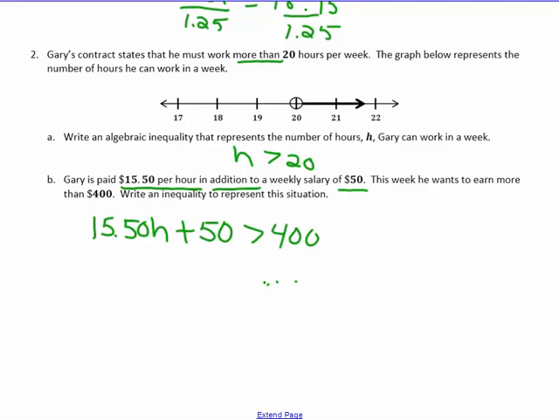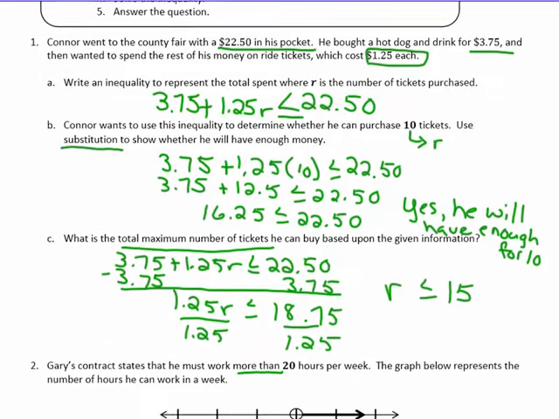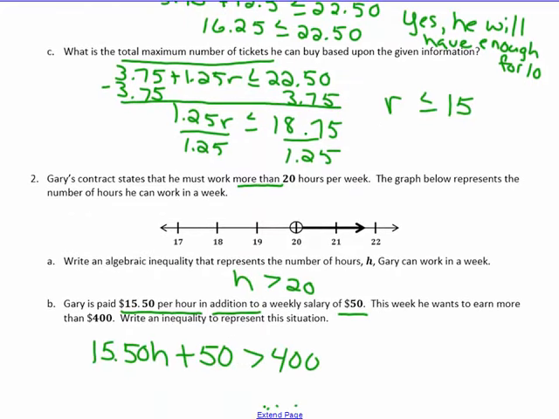So there's your inequality. Writing an inequality to represent the situation, we did that. I'm wondering if we have to solve it on the next page. Yep. I'm going to solve it down below just so that I have enough room here. I'm going to just keep going instead of having to transfer it over.